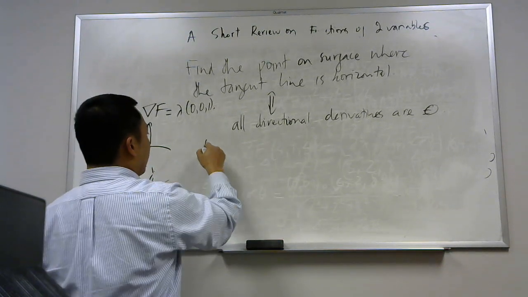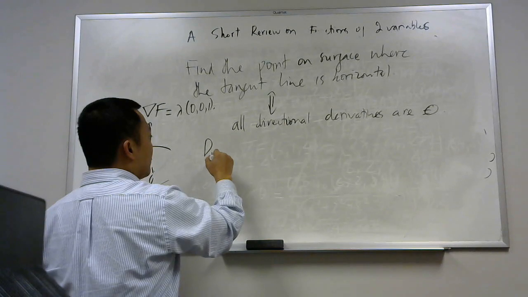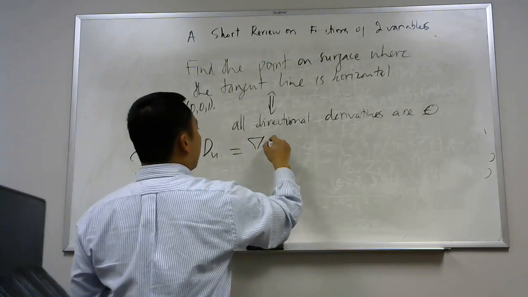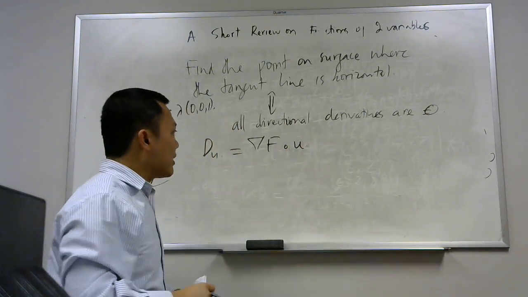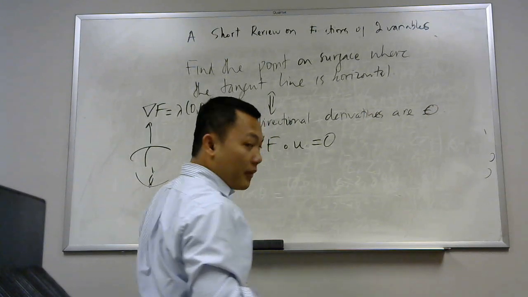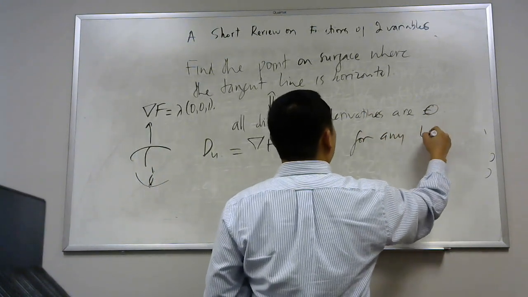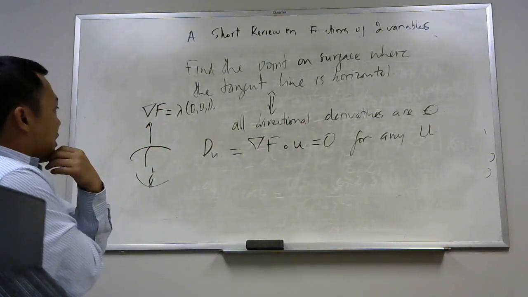What is a directional derivative? Let's do a short review. Du, the derivative in direction u, is equal to the gradient of f dot product with u, right? And this is equal to 0 for any u.